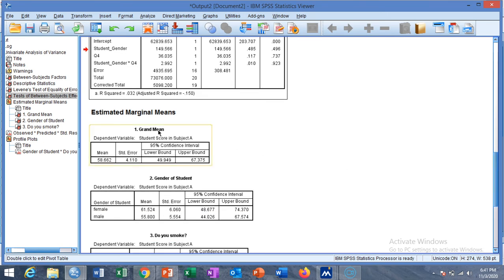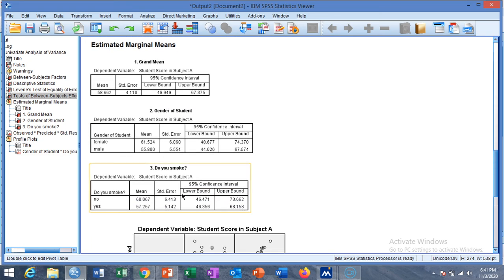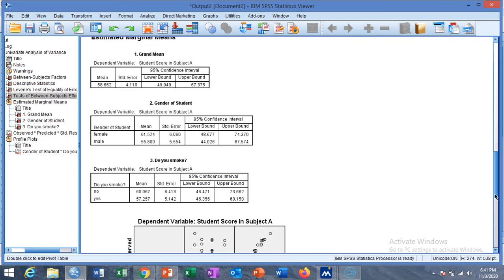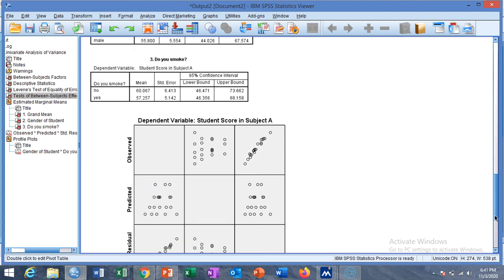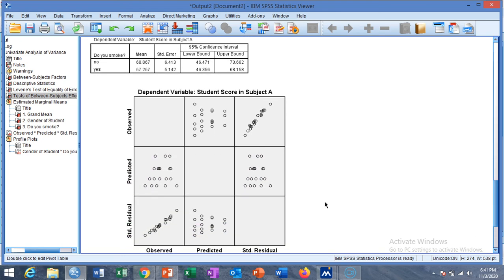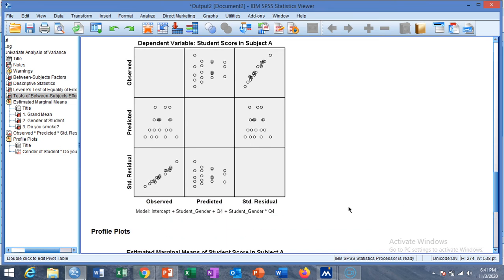And these are the estimated marginal means. This is the grand mean with lower and upper confidence bounds, and these are the gender specific means, and these are the smoking preference specific means, and this is the residual plot for the two variables with observed and predicted values.